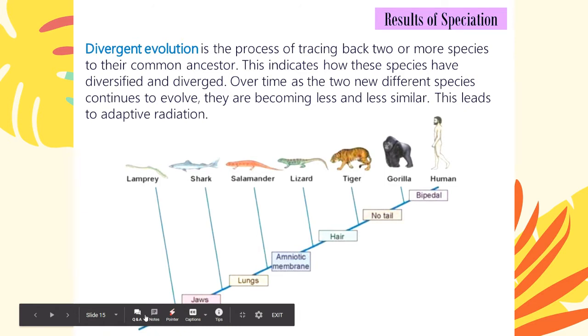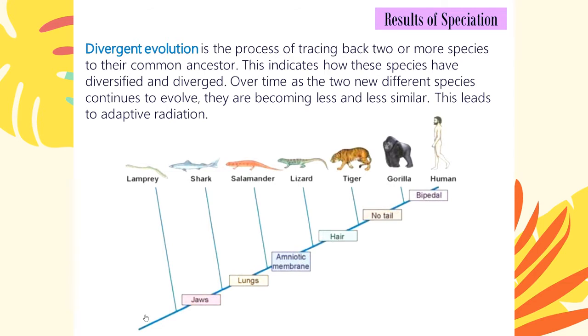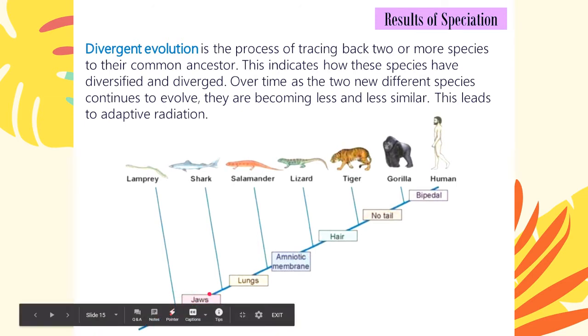However, due to adaptation, due to their need to survive in their environment, some traits evolved in these organisms, and those traits were enough to cause divergent evolution among them. For example, the trait for jaws happened to evolve, and those who did not have jaws became one group, and those who have jaws continued to evolve.